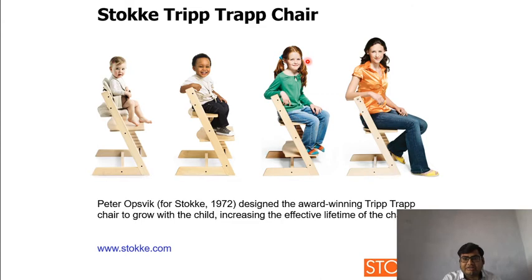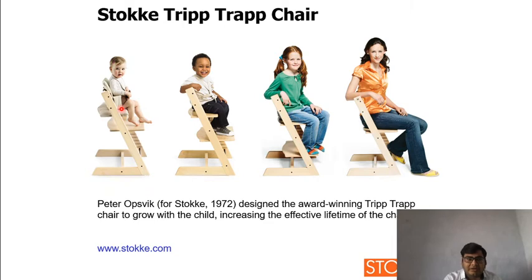Now here are some examples of companies doing design for environment and how they have achieved it. So this Trip Trap chair, which is an award winning chair, is designed in a way that people of all age groups can use it, or if a person buys it, then he can use it during his entire lifetime.